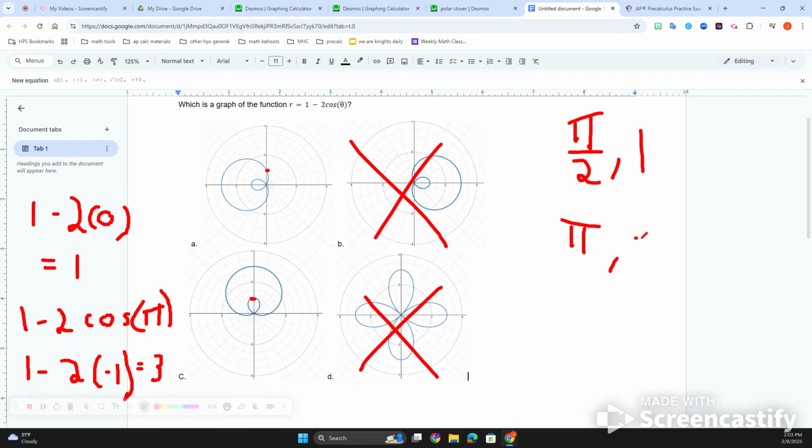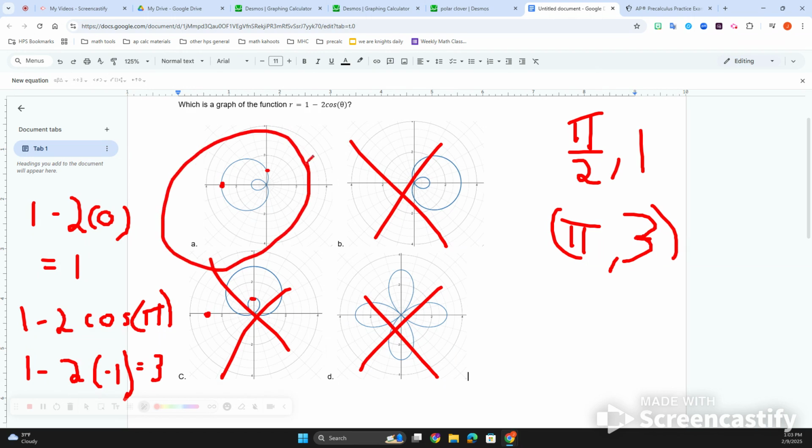So at pi, I need to be 3 units away from the origin, which is that point there on this graph. So I don't like him. I am going to choose A. But the point here is that if I can just make an in and out table, I can get these problems done. What else might an AP question look like?